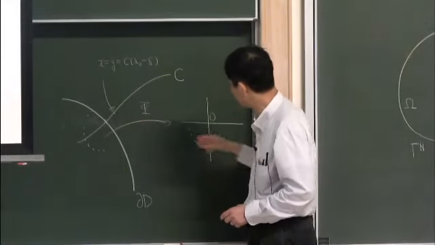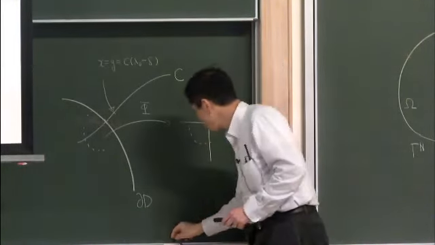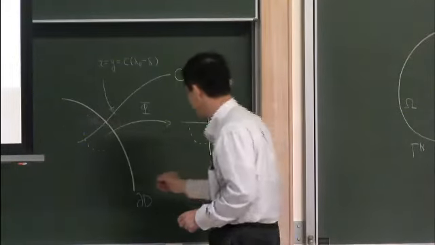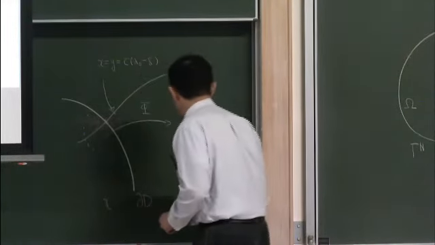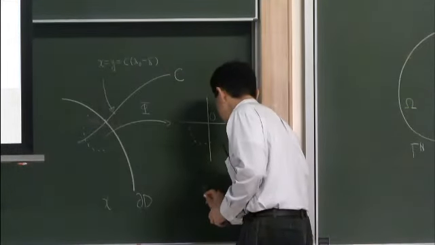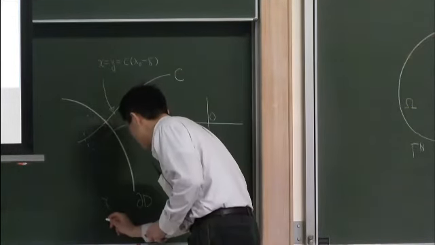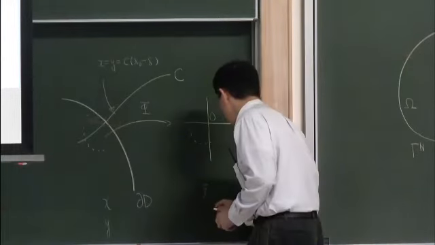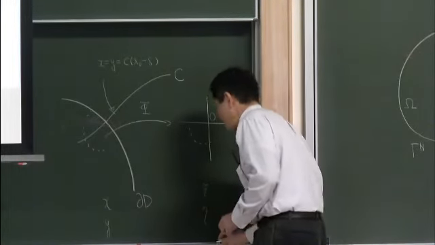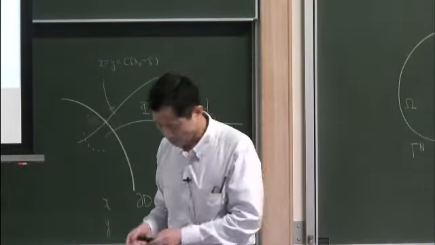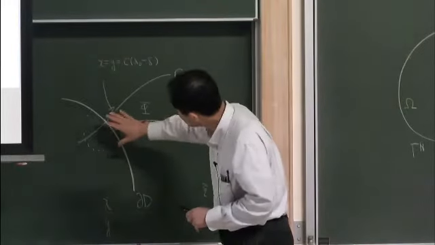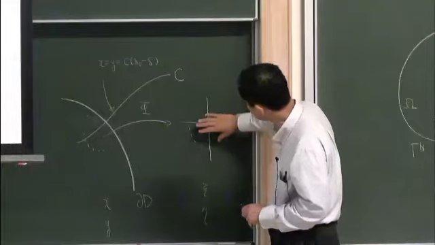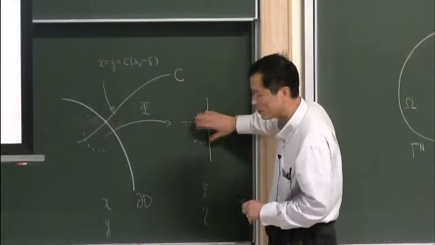In this space I use xi for X, and in this new space I use eta for Y. Also, the inclusion part will be transformed to the lower half space.